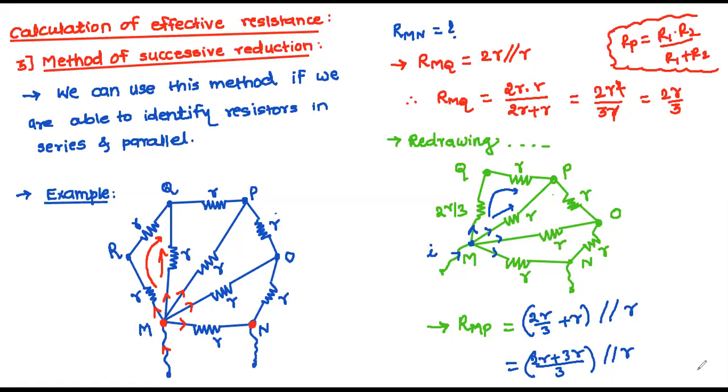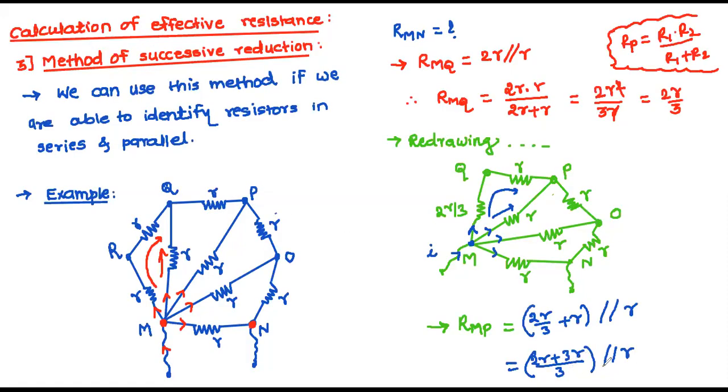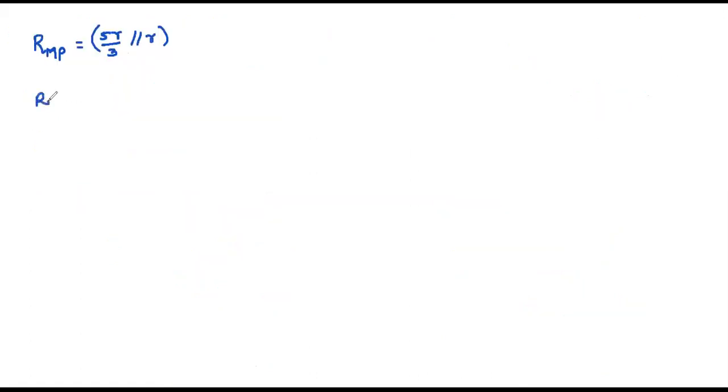Okay. So RMP is equal to 5R by 3 is in parallel with R. Clear? Right? 2 plus 3, 5R. 5R by 3 is in parallel with R. So therefore RMP is equal to R1 R2 by R1 plus R2.